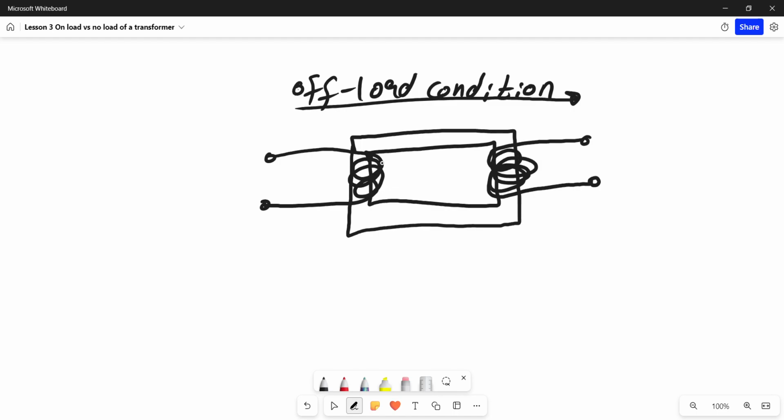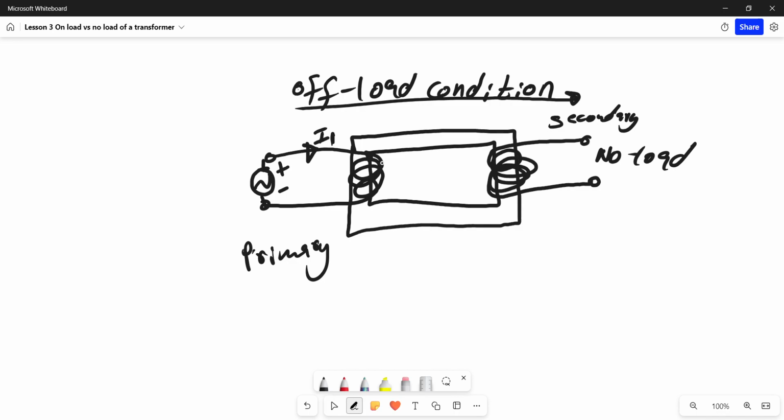This is your supply, and then you'll have your current I1. So this is no load. When there is no load connected in the secondary side, this is the secondary side, and this is the primary.